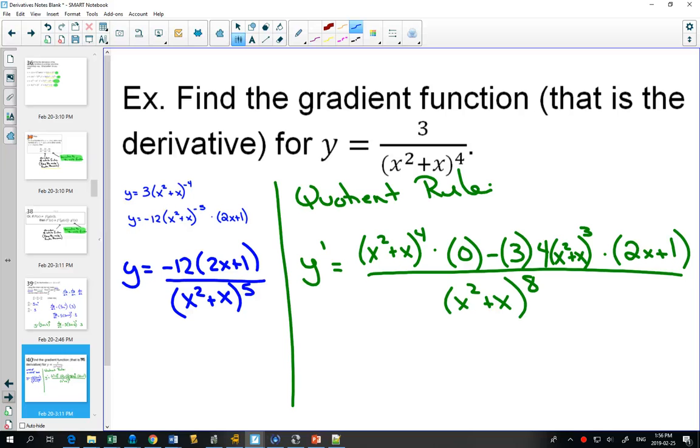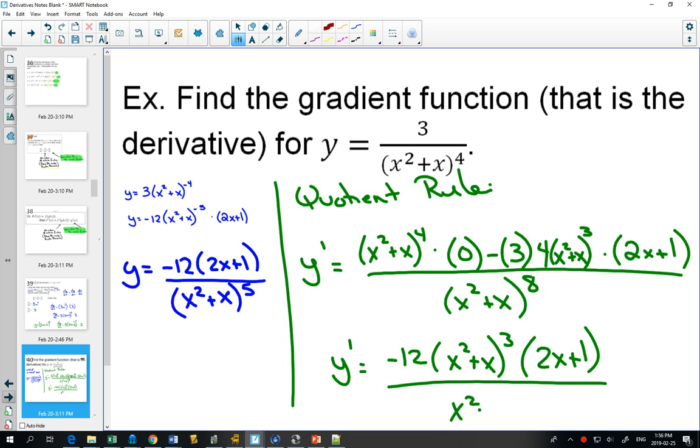In this equation, this will be 0. Negative 3 times 4 is negative 12 times x squared plus x cubed times 2x plus 1 over x squared plus x to the 8.